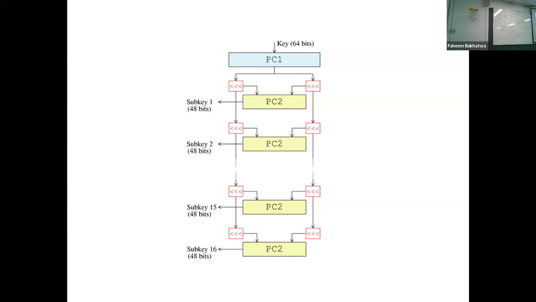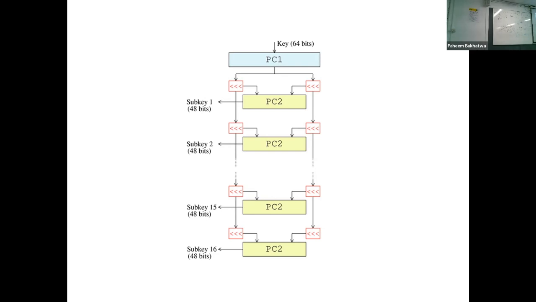So, we started with 64 bits, reduced it to 56, split them into 2 halves, 28 each, shift them a little bit, that means we change the key, the values. Circular shift, join the key again, and we reduce it in size, and that's our first key.